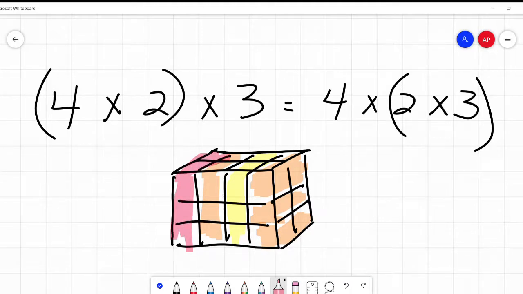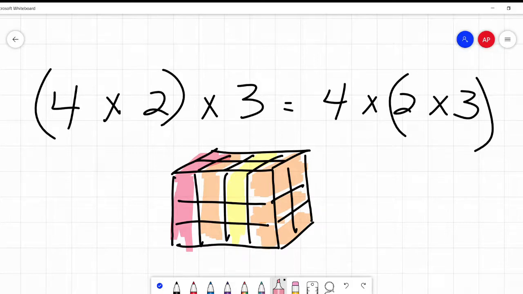That's it. 2 times 3 times 4. No matter how I reorder these or group them, it can still be described by looking at this same rectangular prism. Nothing is changing. I'm just kind of spinning it or looking at it from a different way. So that is the associative property, and that's why it doesn't change.